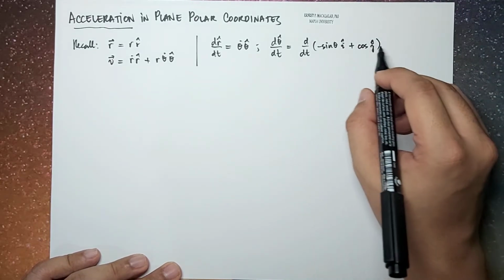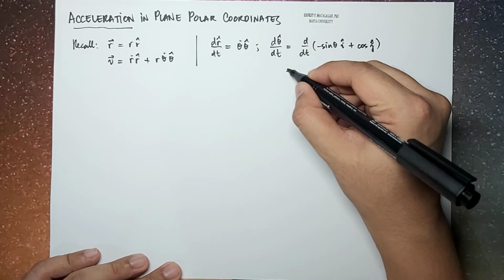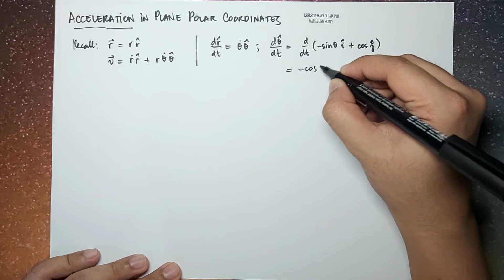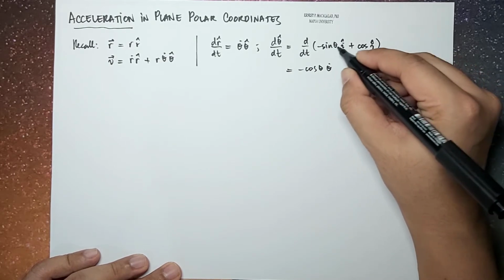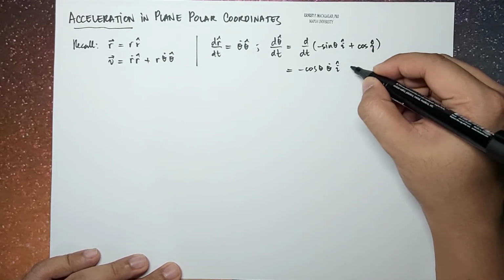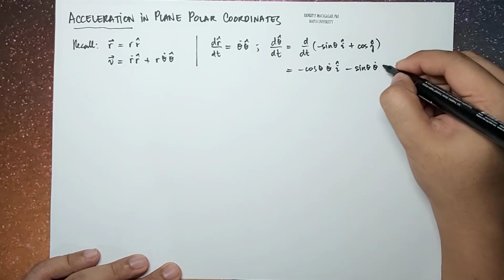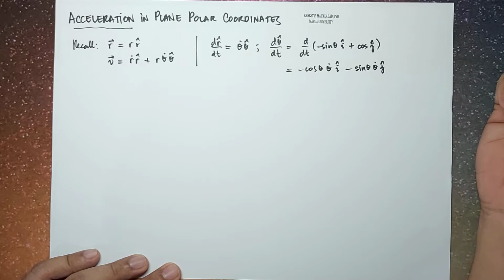Taking the derivative of this becomes negative cosine theta theta dot i hat minus sine theta theta dot j hat.